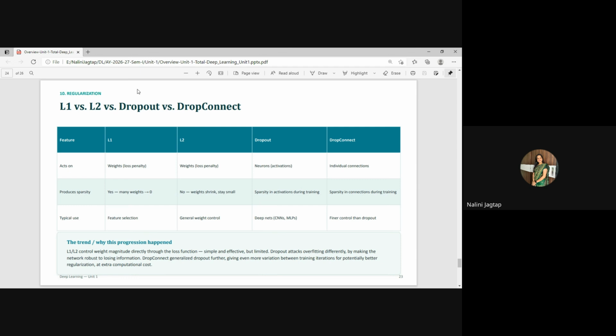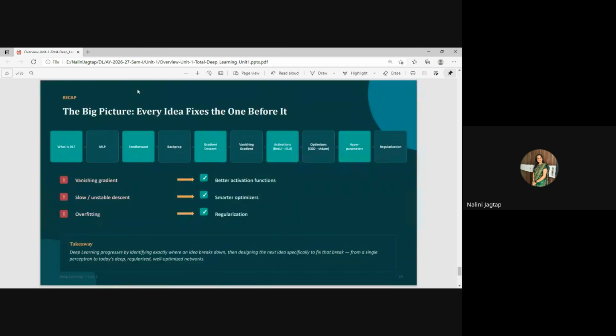And so at the last, let's have a recap of what we have seen. What we have seen till now is: what is a deep learning network, and then the MLP, feed forward, backpropagation, gradient descent, vanishing gradient, activation function, optimizers, hyperparameters, and regularization.